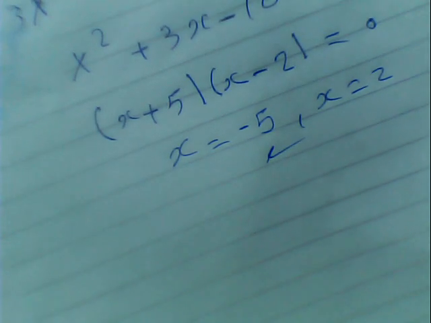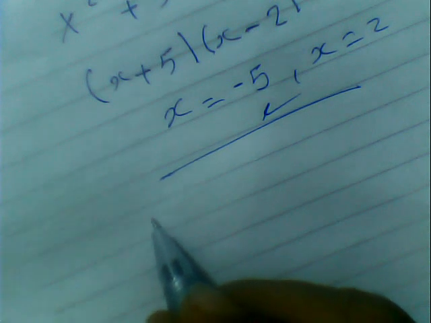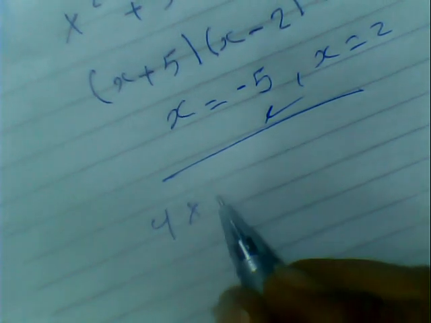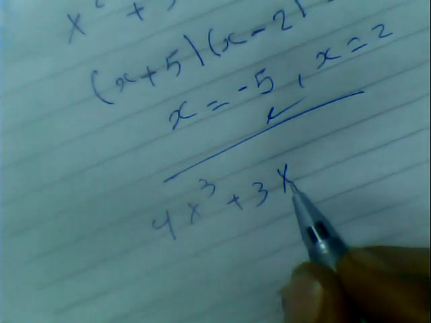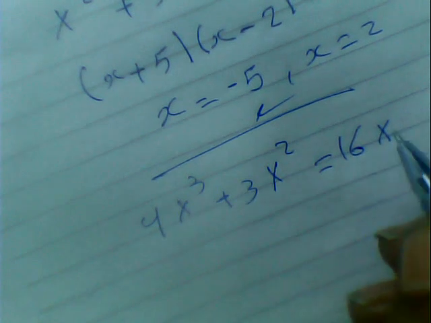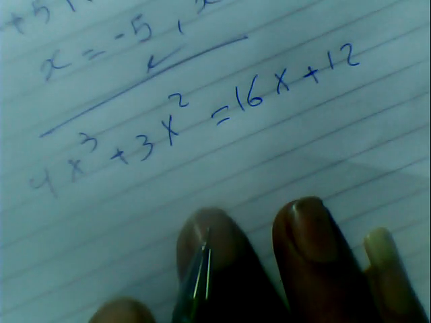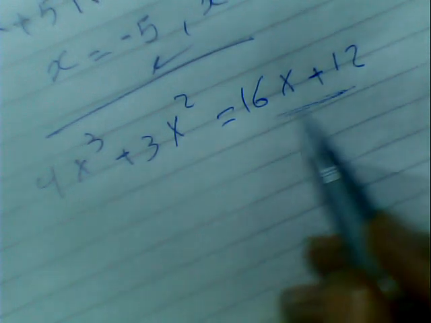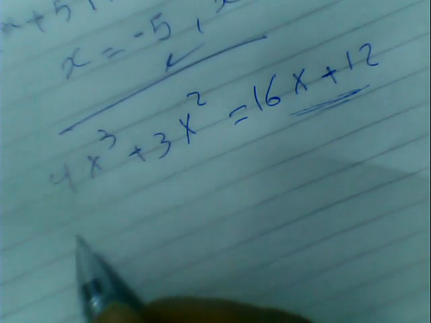Okay, then we can solve another problem: 4x cubed plus 3x square equals 16x plus 12. How can we solve this? We move the right hand side to the other side.